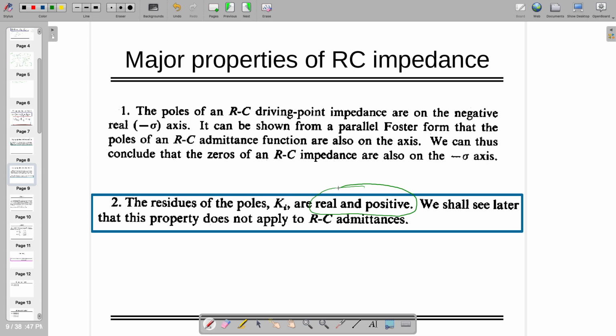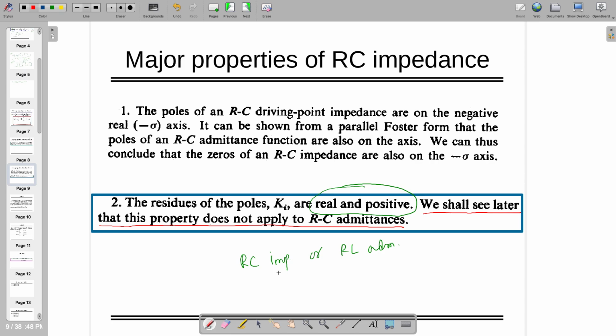It may not be RC admittance, sorry, RC impedance or RL admittance. However, let's make note of this underlying thing, that in RC admittance, your residues are coming real and negative.